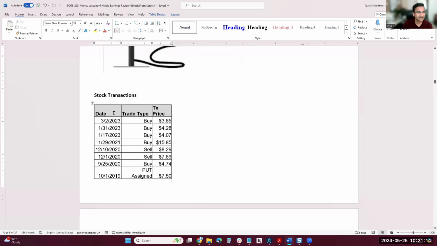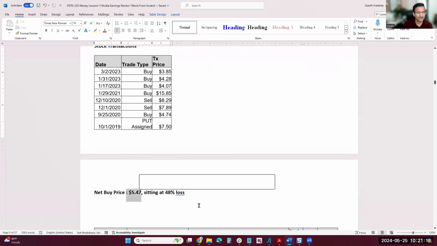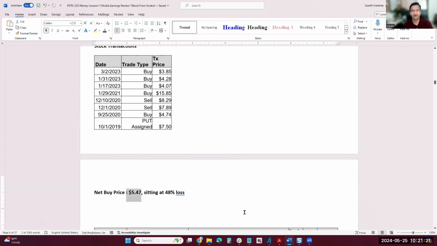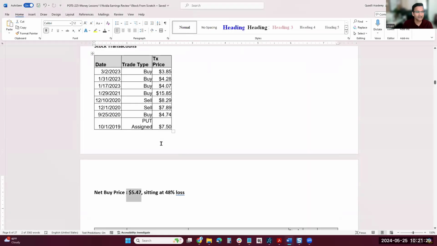So net, my average buy price is $5.47. Today the stock is trading at $2.88. So if I just look at my buy price and where the stock is, I'm sitting at a 48% loss. Fair enough, plain simple math.